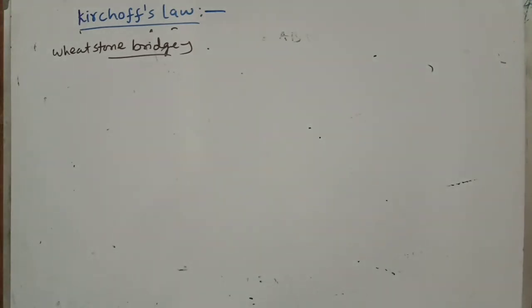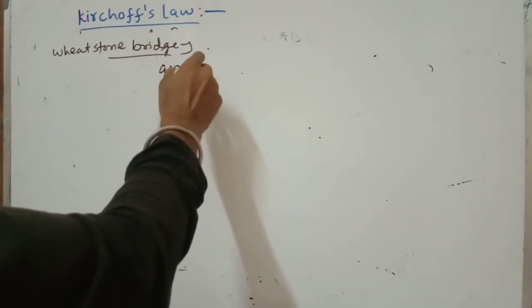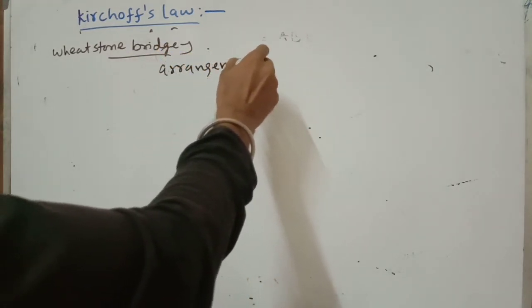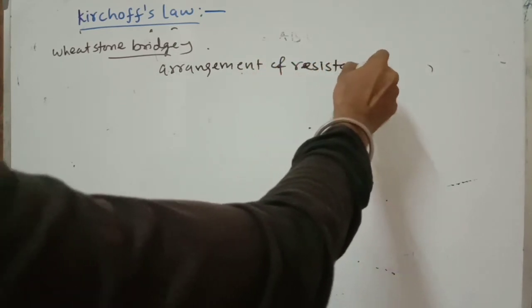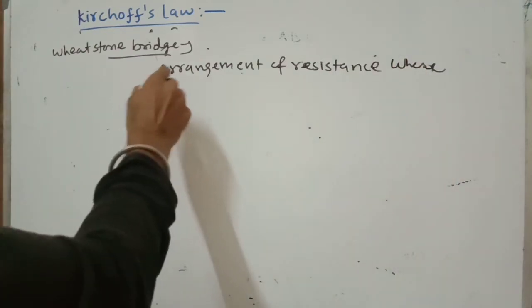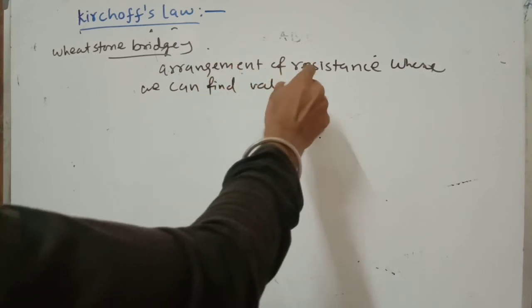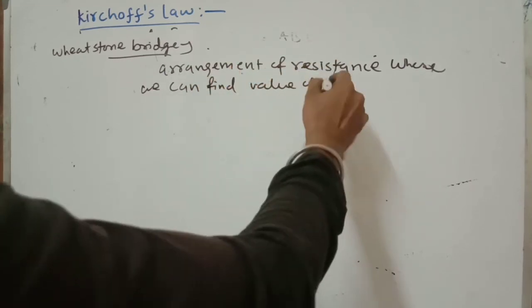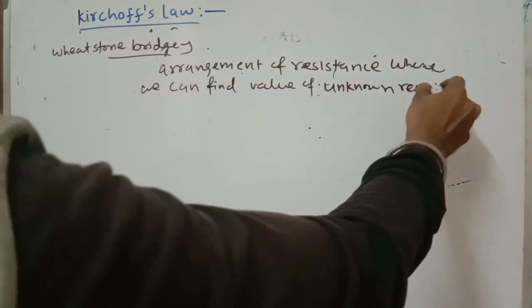Just wait, I am going to explain how you can find. So Wheatstone bridge is an arrangement of resistance where we can find the value of unknown resistance. Simple, right?